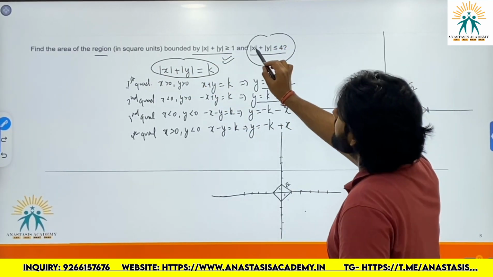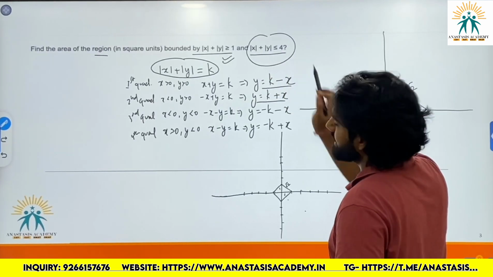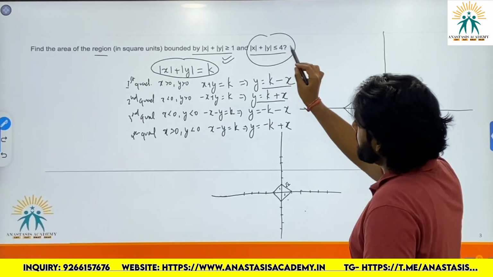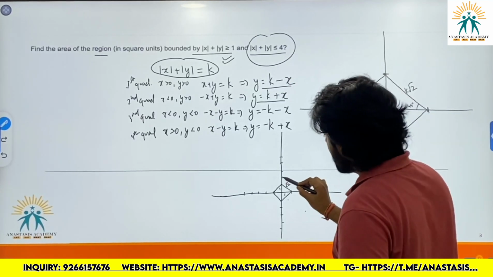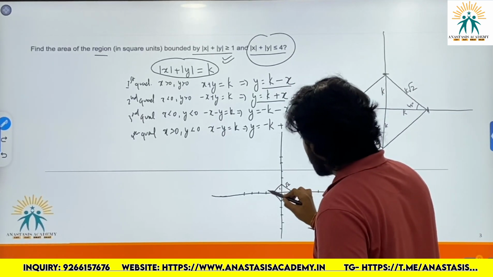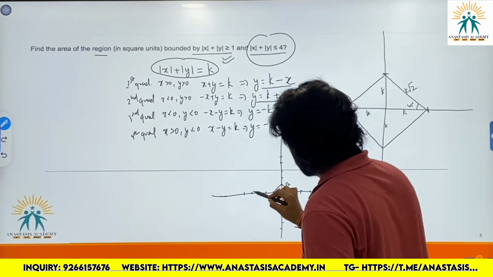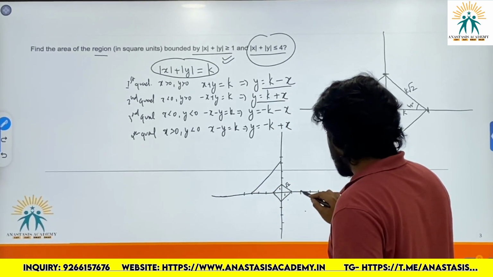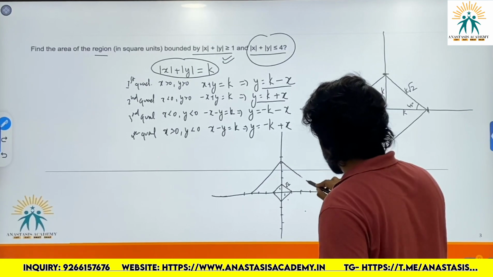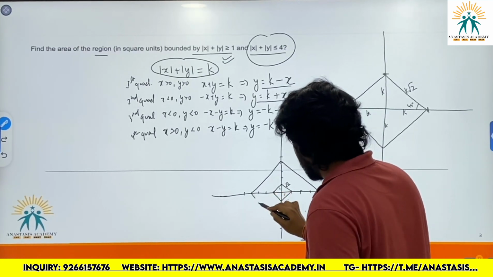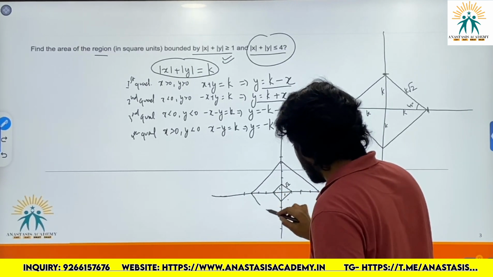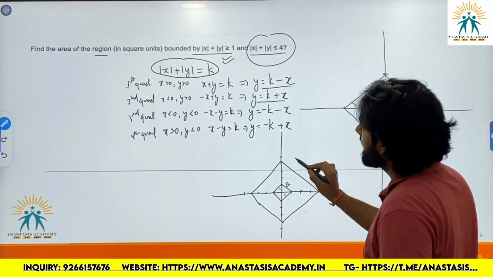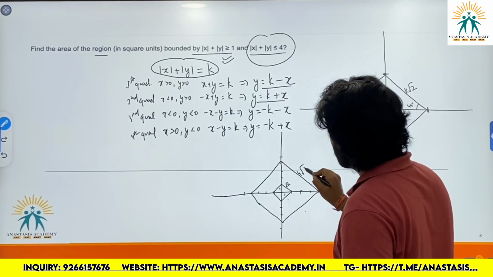The second curve is mod x plus mod y less than or equal to 4. So I am drawing the graph for mod x plus mod y equal to 4, with 1, 2, 3, 4 on each axis. This again would be a square having side 4 root 2.